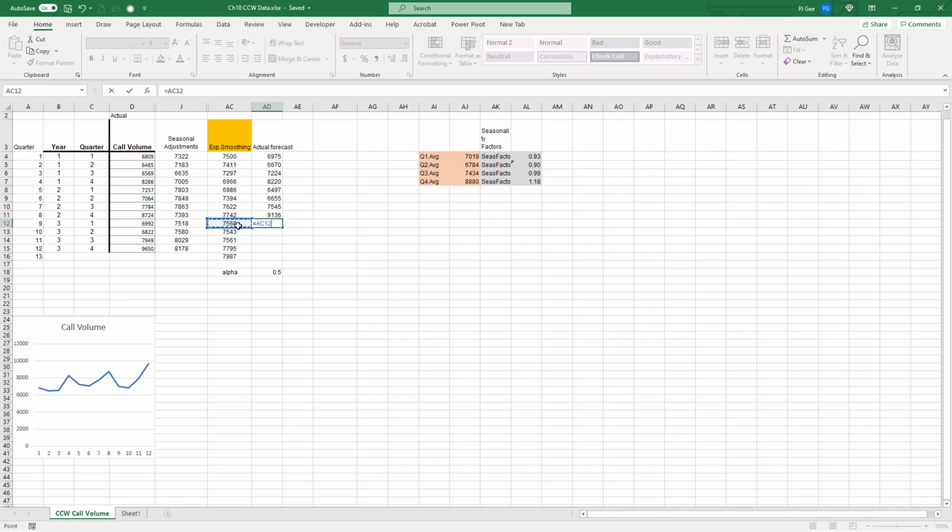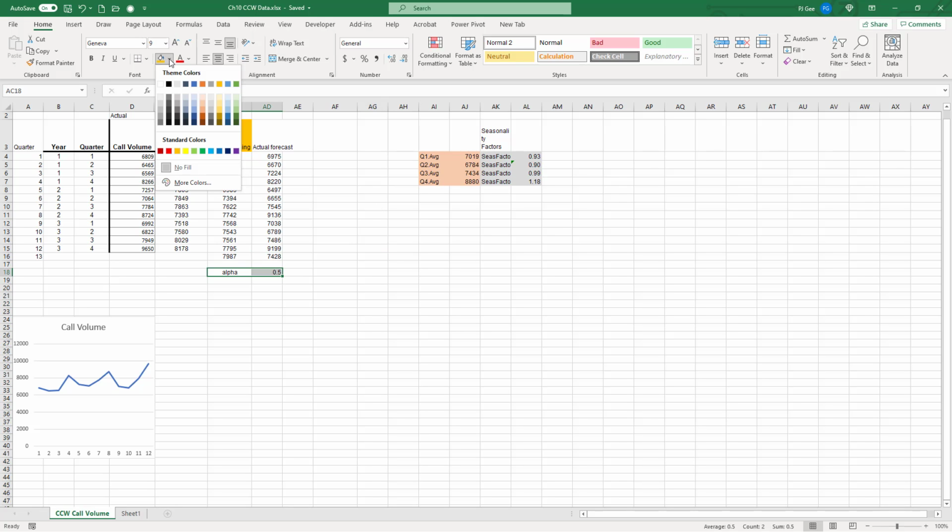It is equal to that times our seasonality factor, through 4 quarters, and then we have to recycle back to the top again. I'll put this down here and give that a color.